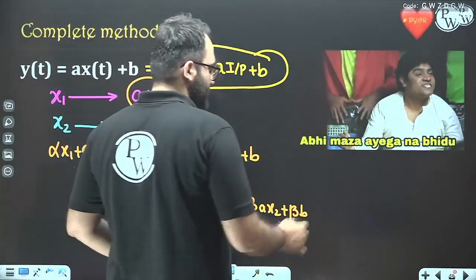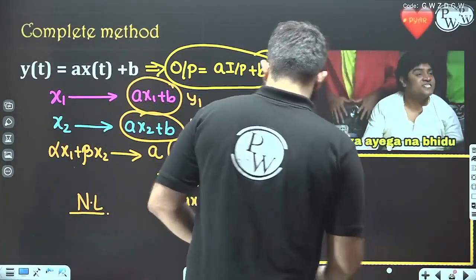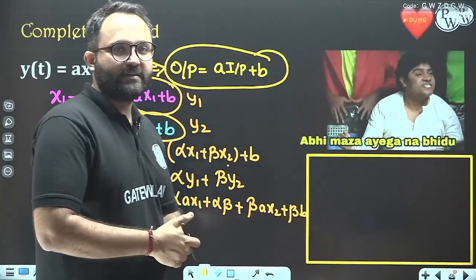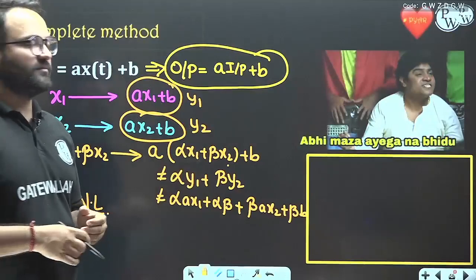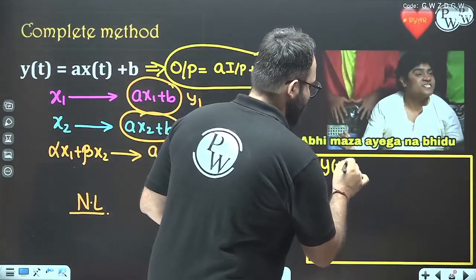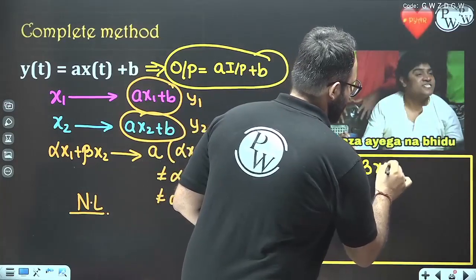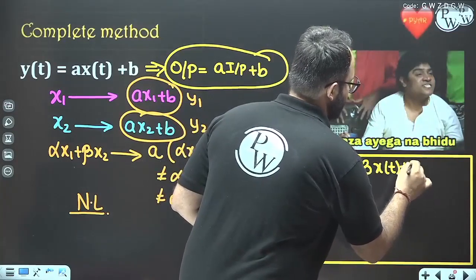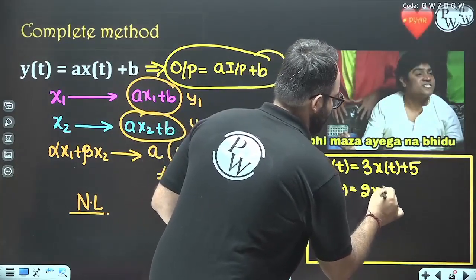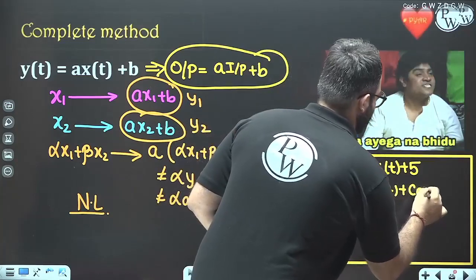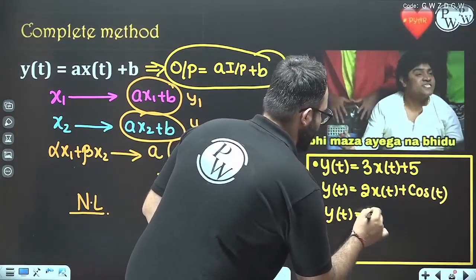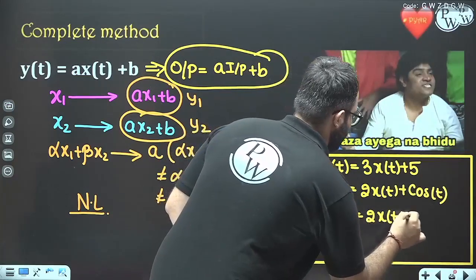So always remember that when we add anything extra in the equation, then it will become non-linear. That is, y(t) equals 3x(t) plus 5. y(t) equals 2x(t) plus cos t. y(t) equals 2x(t) plus sin t.